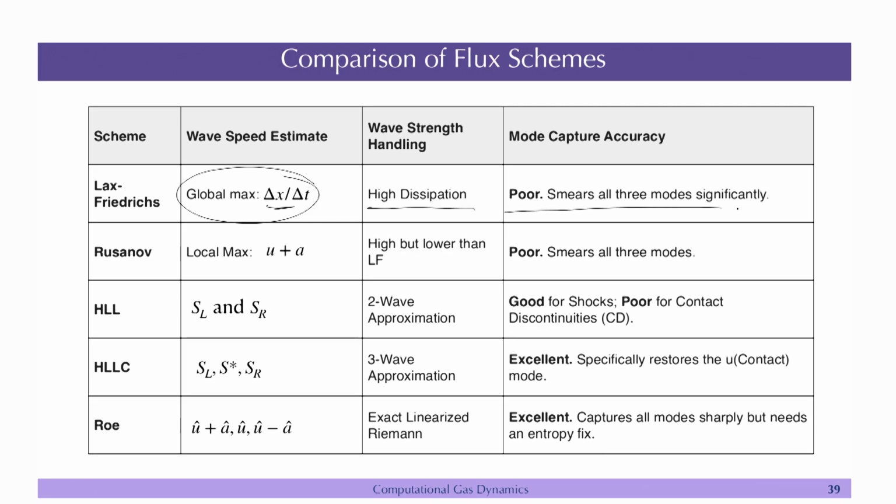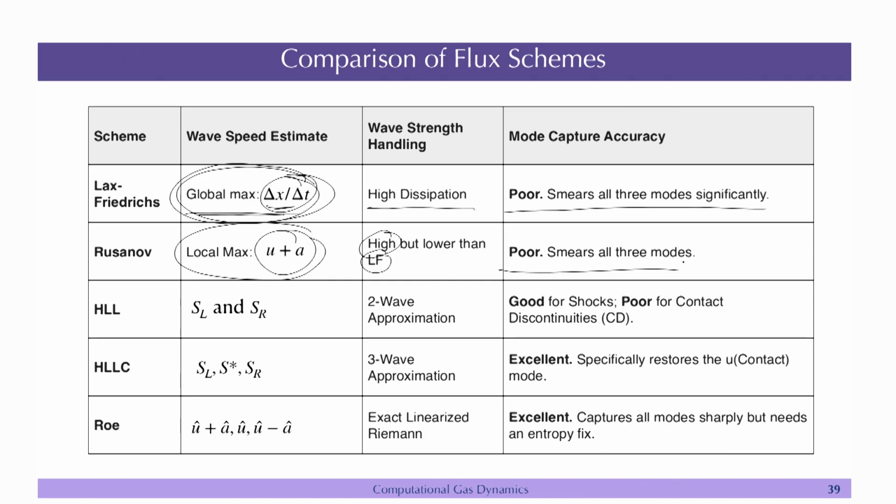It smears all the modes significantly. In fact, it did not have any distinction between the modes. We just said that this is the maximum wave speed with which it will propagate. This is what was giving you the dissipation. In the Rusanov scheme, we basically modified this to the local max. Okay. It has also got high dissipation, but lower than the Lax-Friedrichs. It also smears all 3 modes.